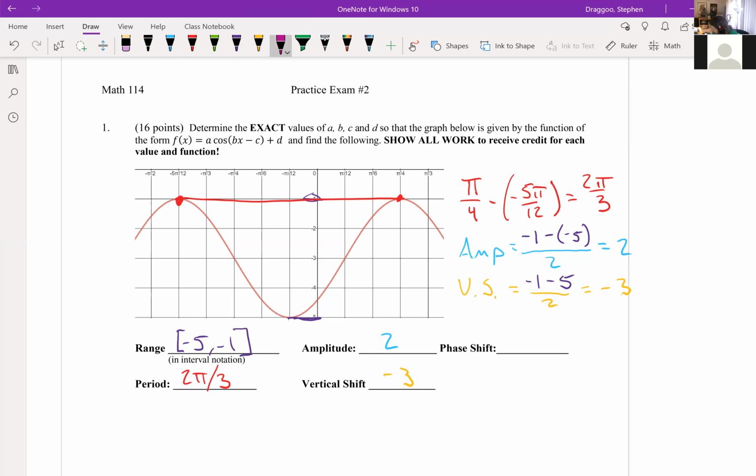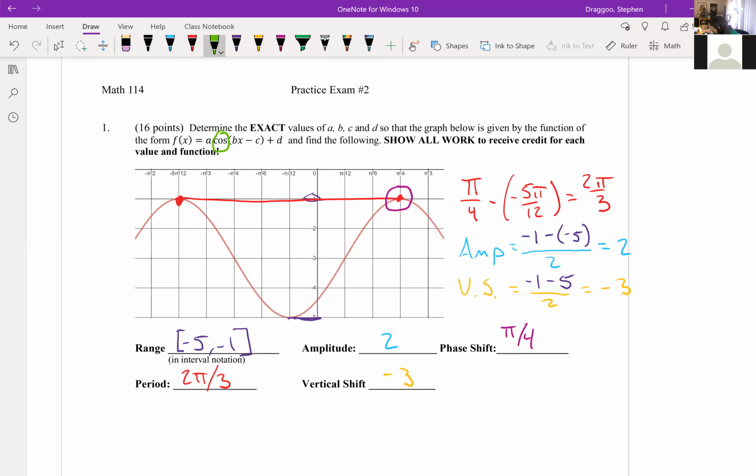All right. Next, we'll pick a phase shift, and this is a graph of cosine, which means we need to pick a phase shift that's either at a maximum or a minimum. I'll probably choose this point over here, pi over 4.